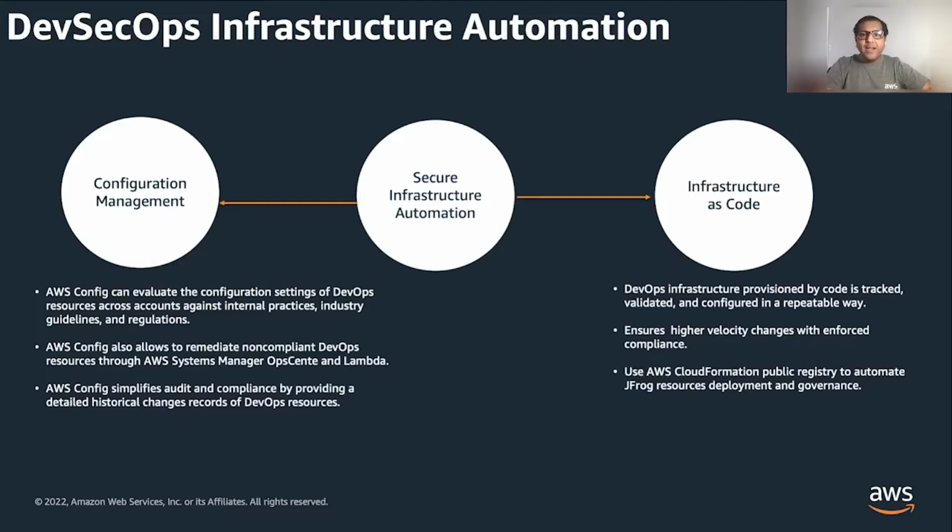In terms of CodeBuild, we have certain rules which can help us secure our DevOps pipelines. For example, codebuild-project-envvar-awscred-check. This rule checks whether the project contains environment variables like AWS access key ID and AWS secret access key.